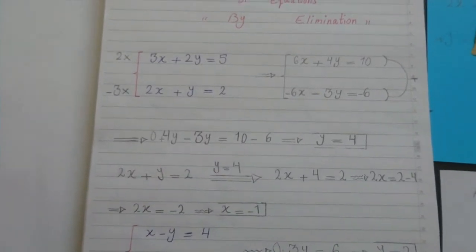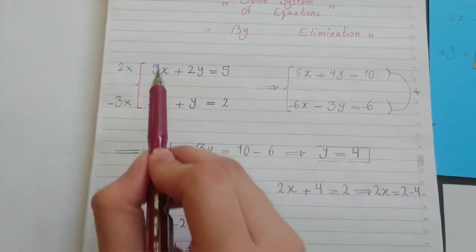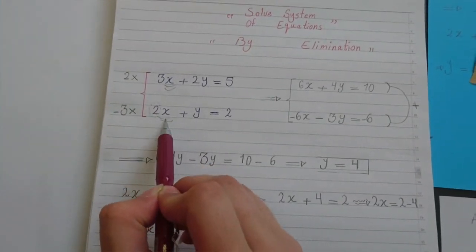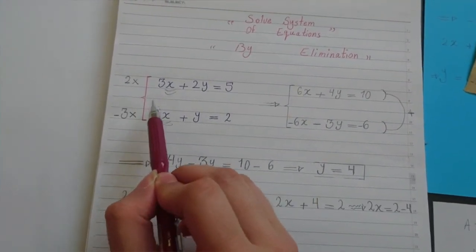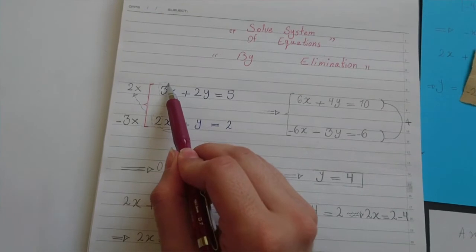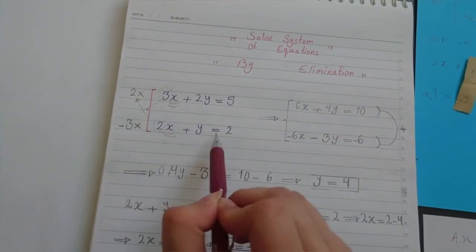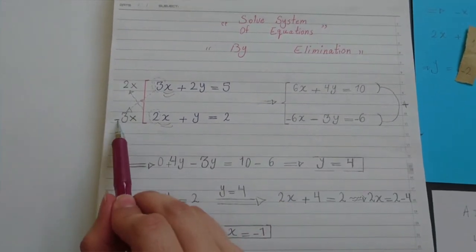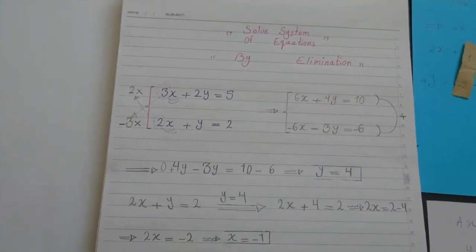If we want to eliminate the variable x, we take the coefficient of the variable x in one equation and multiply the other equation by that coefficient. Here we have the coefficient 3 for the variable x, and we multiply the other equation by 3. We also need to multiply by a negative because we want to add them so they will be eliminated.